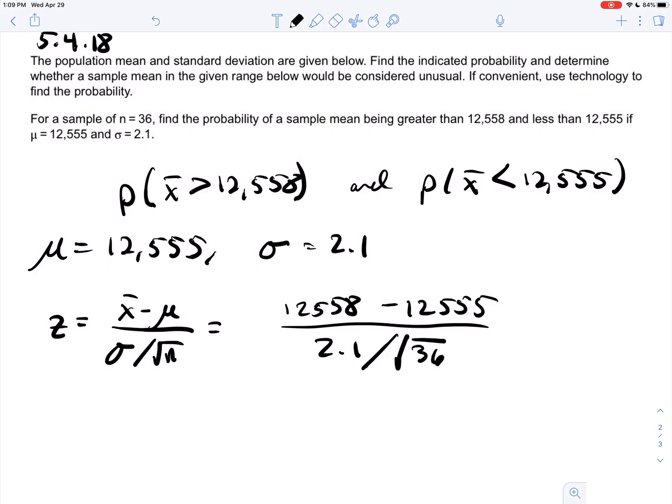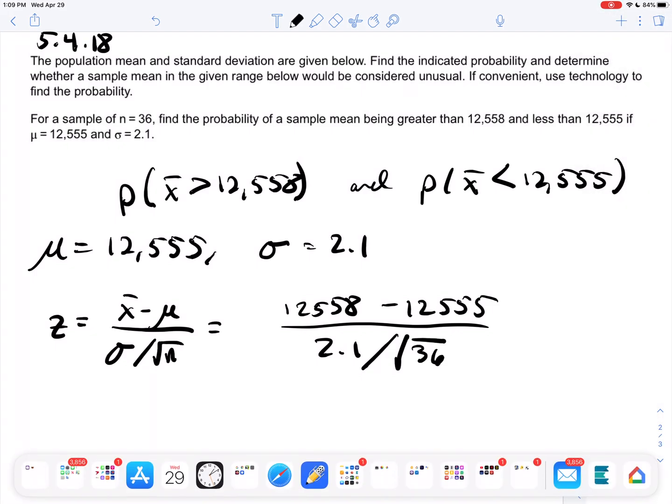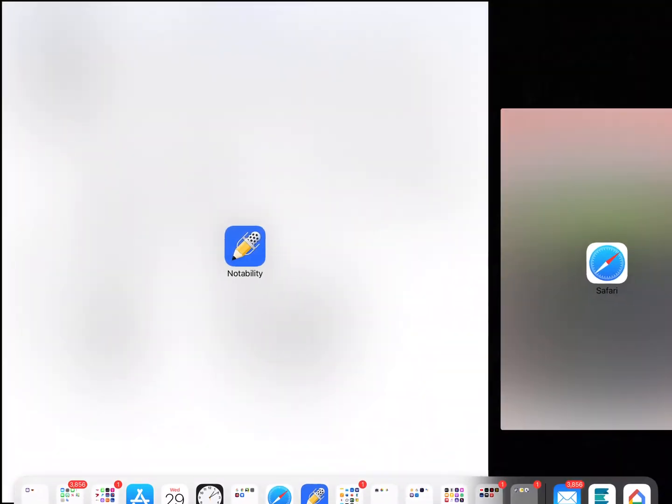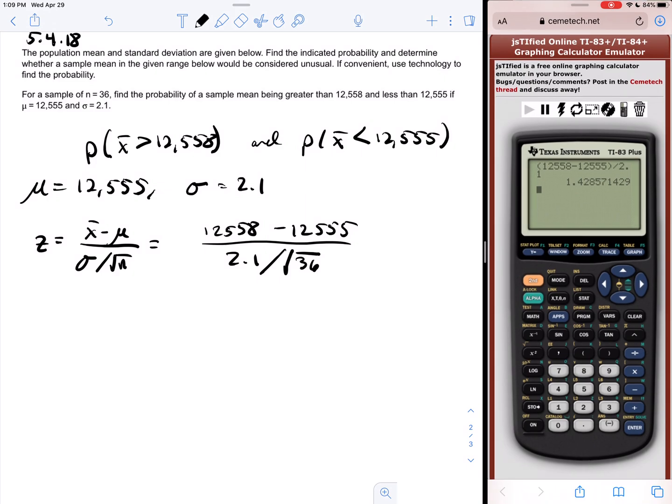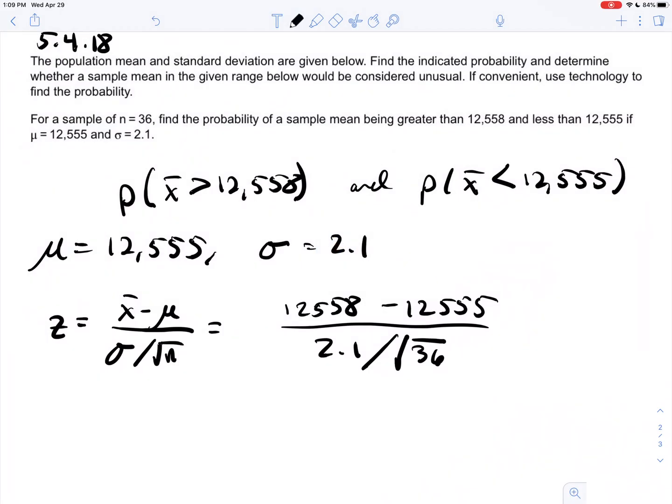In my calculator, I'm going to recall and insert 2.1 divided by 6, close parentheses. Okay, 8.57. That looks good. Notice this z-score is 8.57.